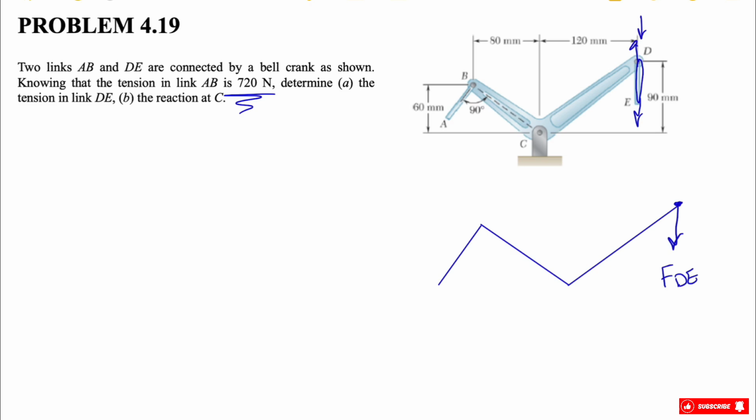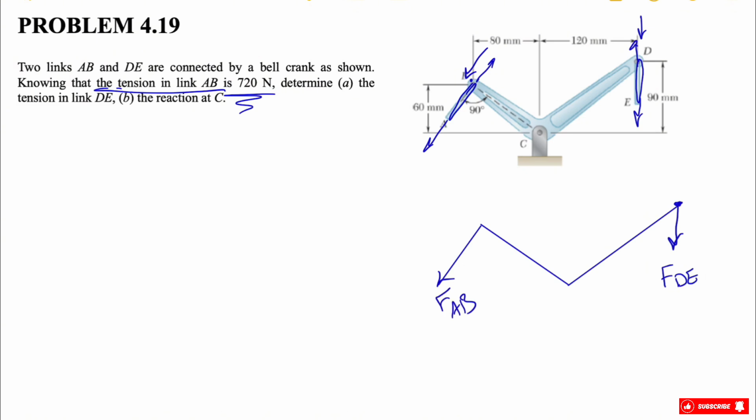Same reason for link AB, we know that link AB is also in tension, so this will be in this direction. That's the force that the link AB is applying to BCD, which means the force at BCD has to be in the opposite direction. Let's call this FAB.